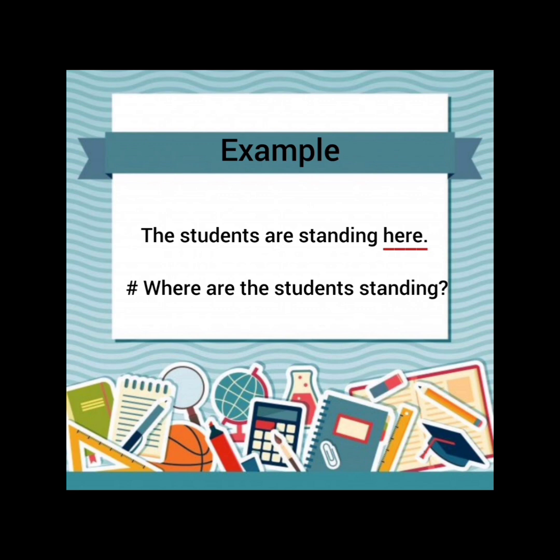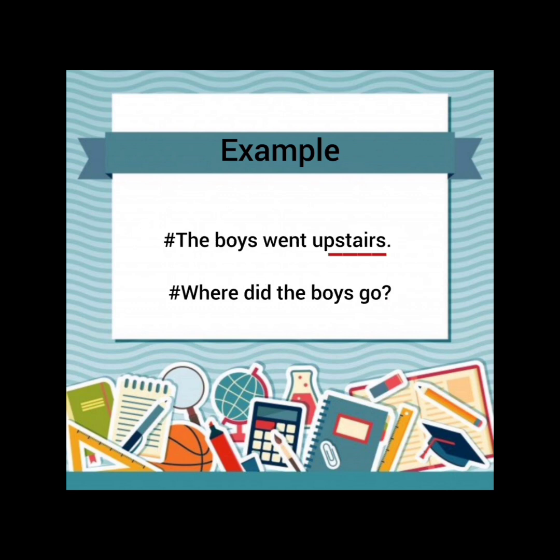The students are standing here. Now, where are the students standing? So, the answer is here. So, here is an adverb of place. The boys went upstairs. Now, where did the boys go? Upstairs. So, in this case, upstairs is an adverb of place.